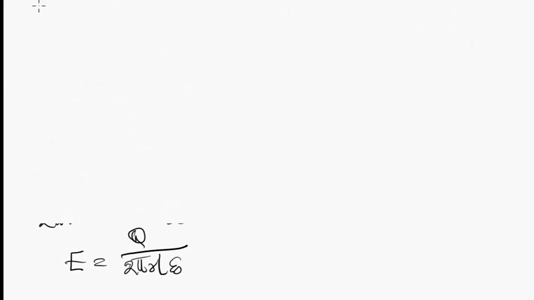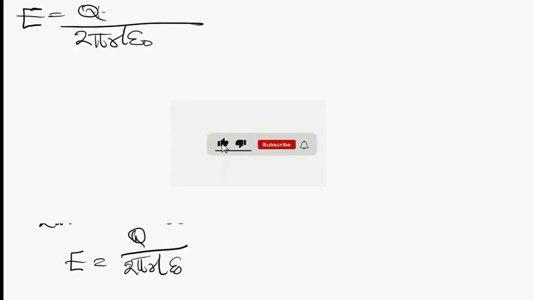Alright, so since I have my E to be Q over 2 pi RL epsilon naught, I can replace this with my linear charge density. How do I do that?